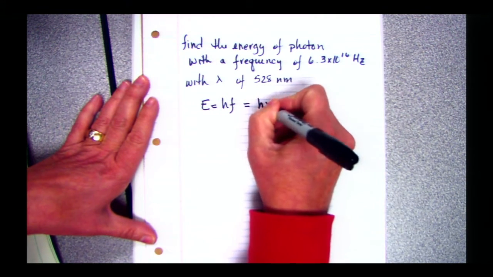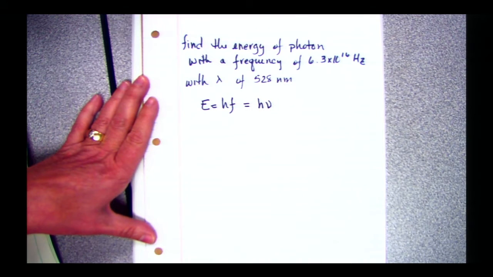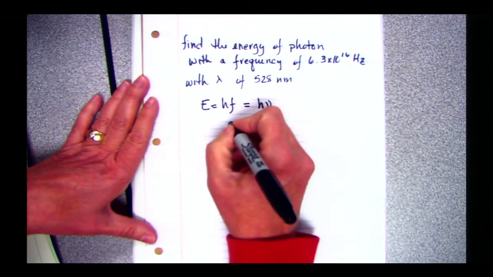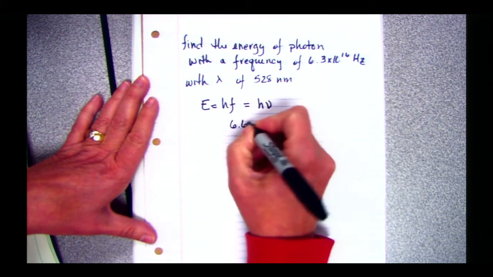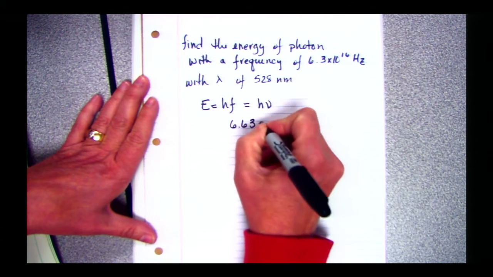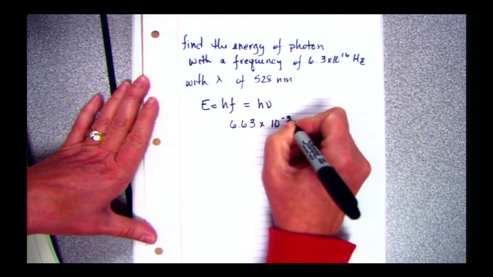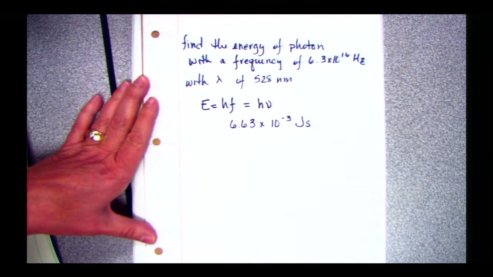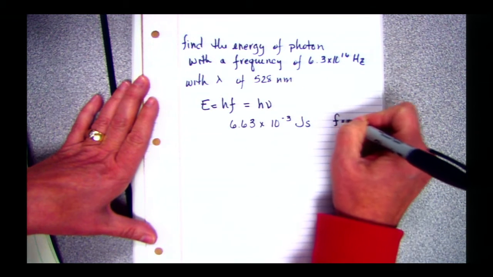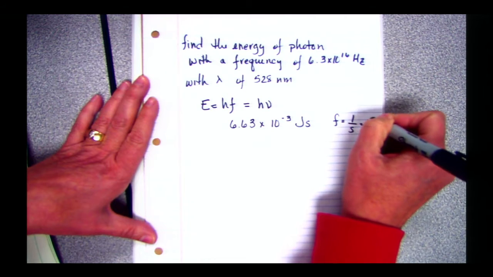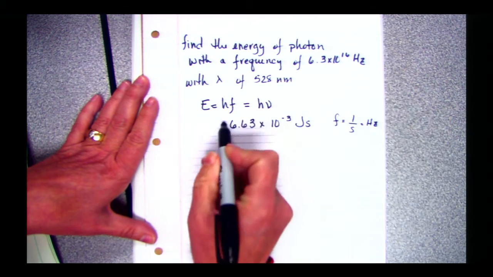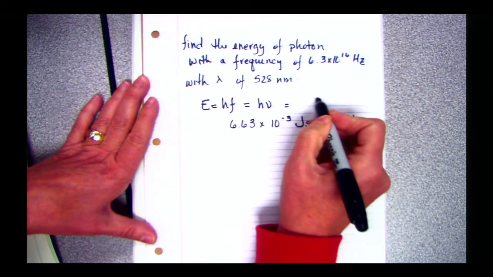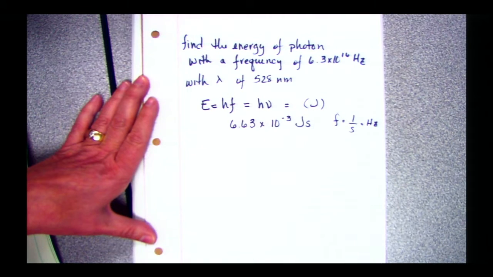So my energy is going to be Planck's constant, which is 6.63 times 10 to the minus 34 joule seconds, times the frequency. Now remember, frequency has units of 1 over seconds, which is a hertz. So when I do this multiplication, my units are going to end up in joules, because I'm going to divide out the seconds. So it becomes really important just how much energy I am putting into my system, or how much energy is going to be absorbed.